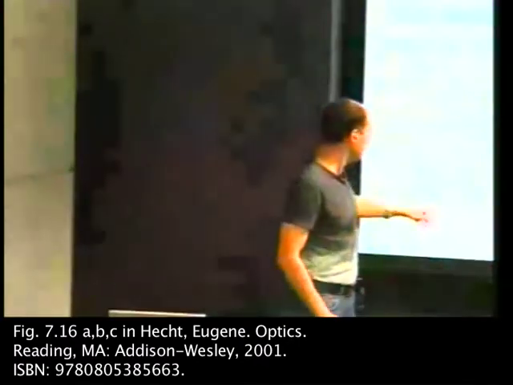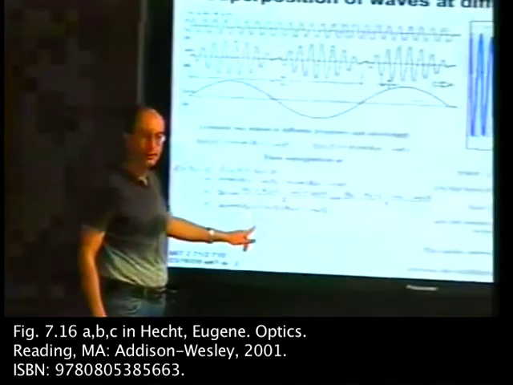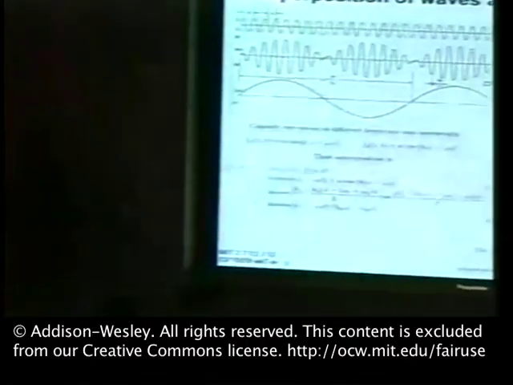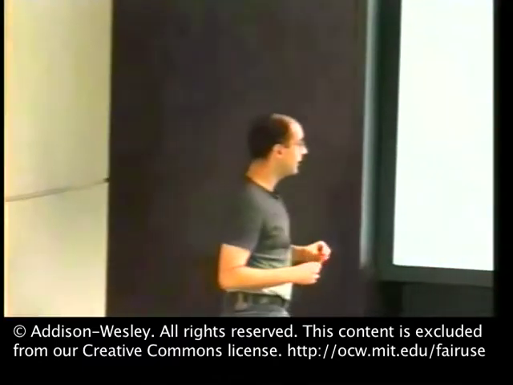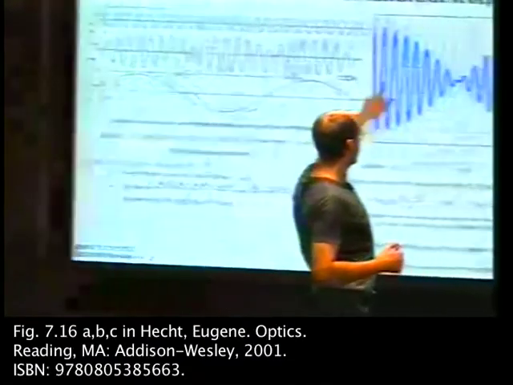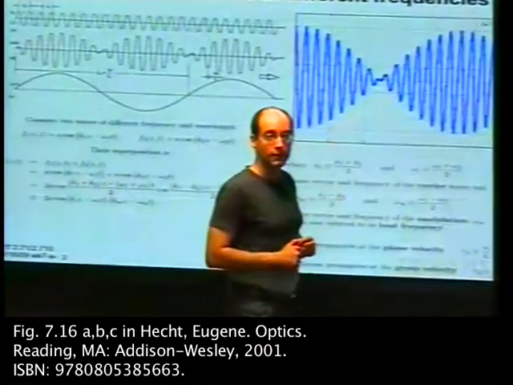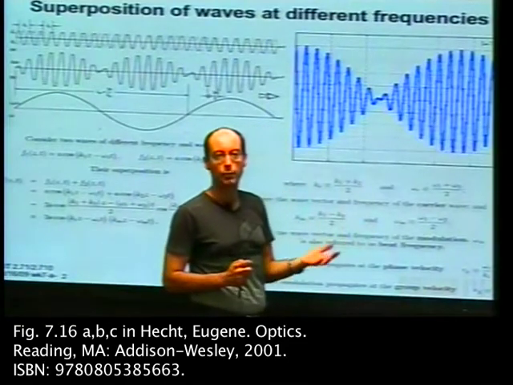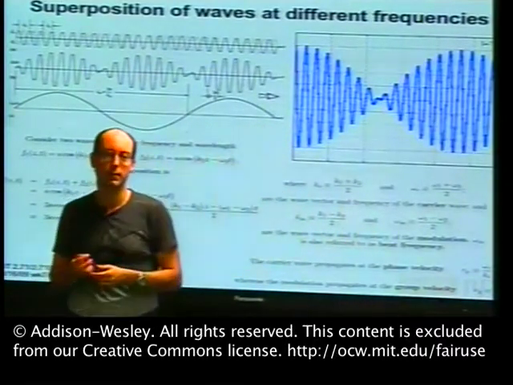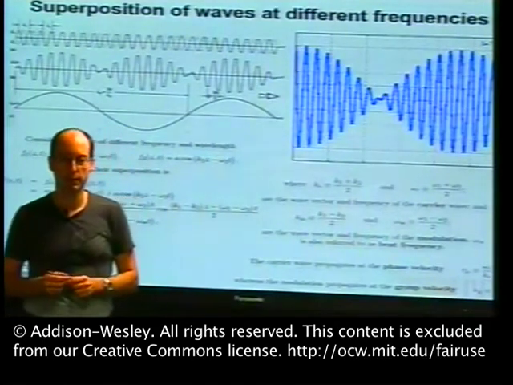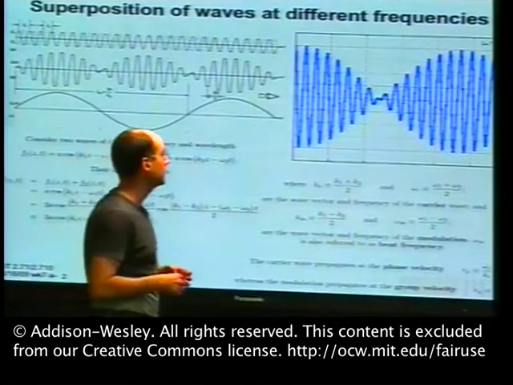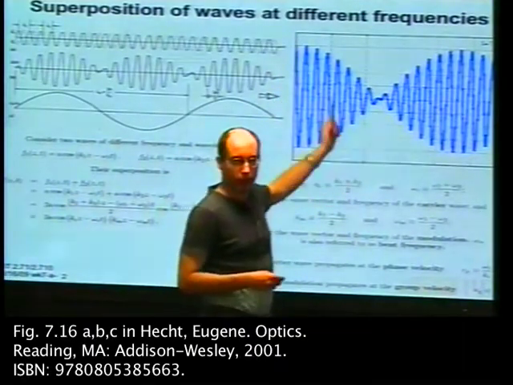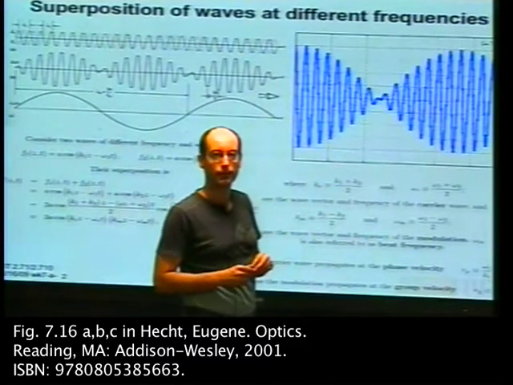They're both propagating because they're both of the form kz minus omega t, but they're propagating with different speeds. Now, what are the names? The fast sinusoid here is called the carrier. Those of you who are electrical engineers are very familiar with those. The carrier wave is, in radio waves, for example, the frequency upon which we modulate the signal, and the slow sinusoid is called the modulation.